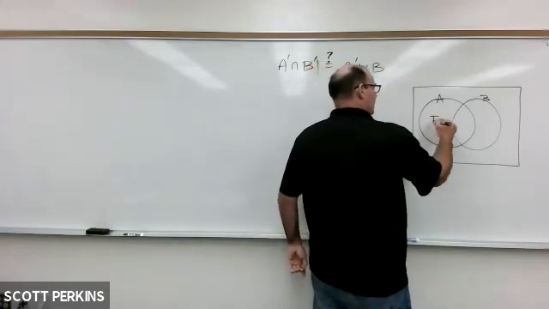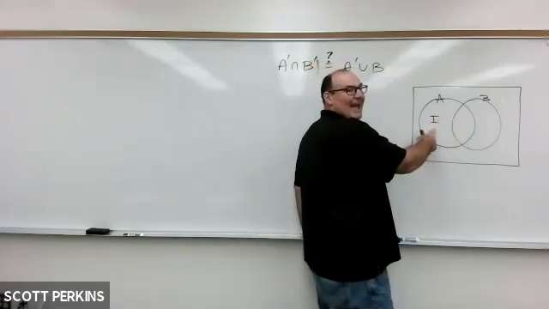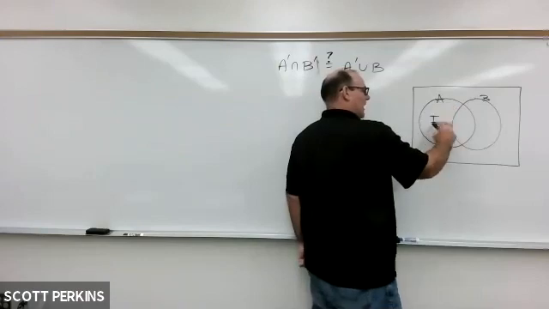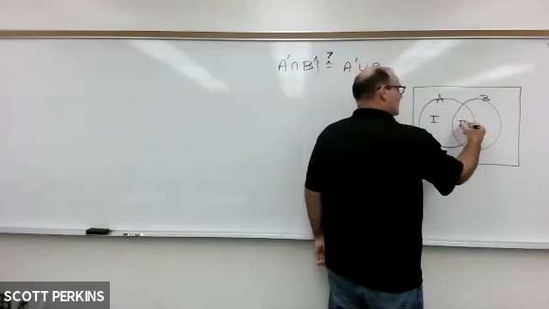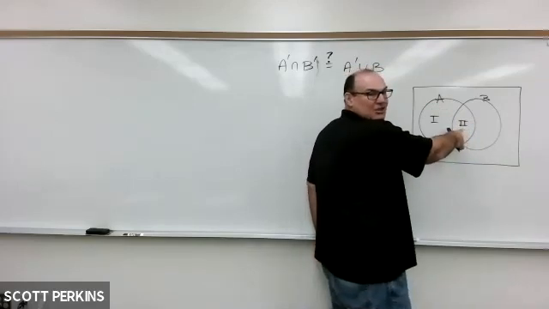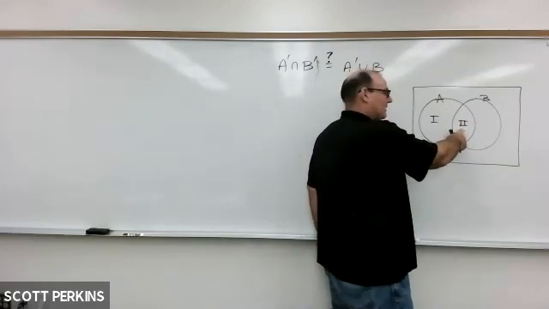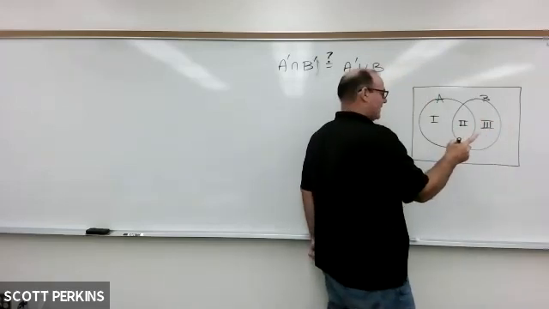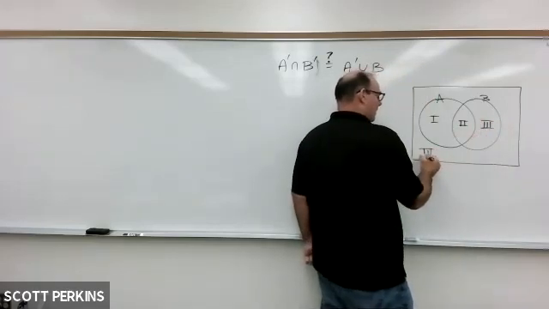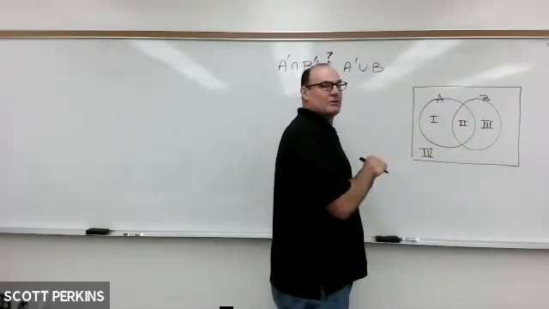Region 1 is the stuff that is only in A. Region 2 is the stuff that's in the intersection of A and B. Region 3 is the stuff that's only in B. And region 4 is all the stuff that is not in either of those sets.